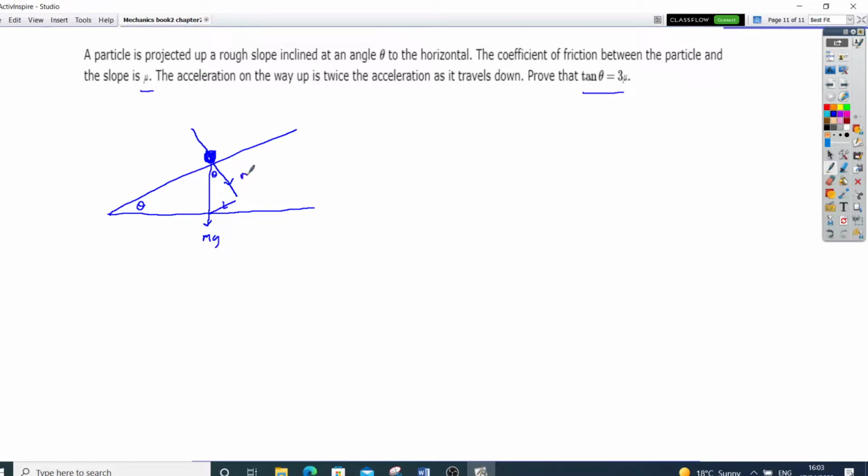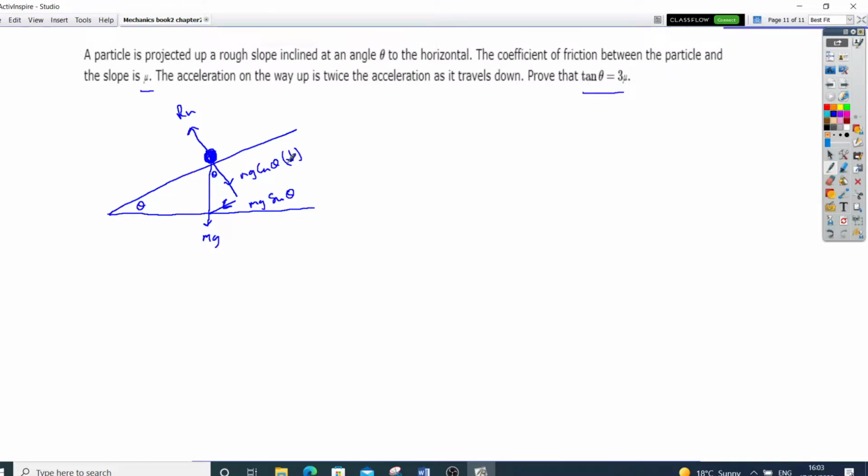This will be mg cos theta going downwards, and going down the slope will be mg sine theta. And that is contact force R, and it says it is rough, so we're going to have friction.